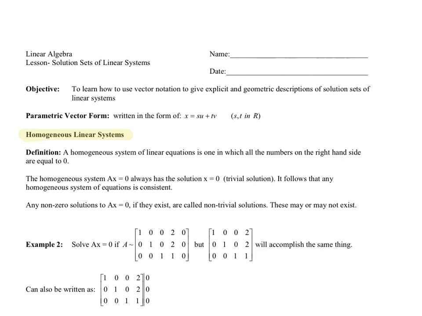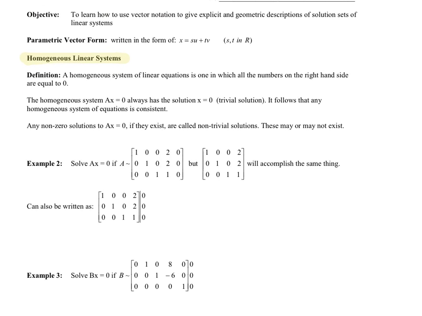It doesn't necessarily have to be the same variables in the same order, but it's the same general structure. A homogeneous system is one in which all the numbers on the right-hand side are equal to 0. That's an oversimplification, but it's a good working one, because if you look at this matrix right here, you see the last column is all zeros. So it's easy to identify visually.